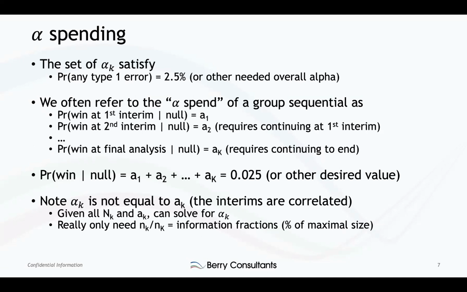So if you're designing a trial that has looks at 100, 200, and 300, you're going to be doing the same kind of calculation as if it were 1,000, 2,000, 3,000, or 10, 20, and 30. All that matters is the fractions here. And the reason is the correlation matrix is a function of the percentage of overlap in the interims.